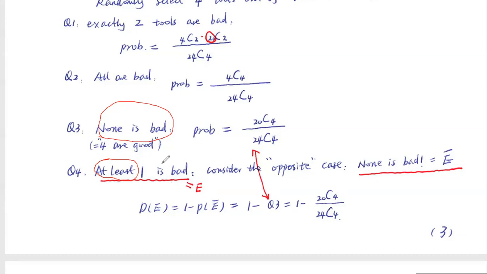So when you say at least one of them is bad, the opposite statement, or we say complementary event, is none of them is bad. So when we try to calculate this probability here, we use 1 minus whatever we have from question number 3. Is that easy?